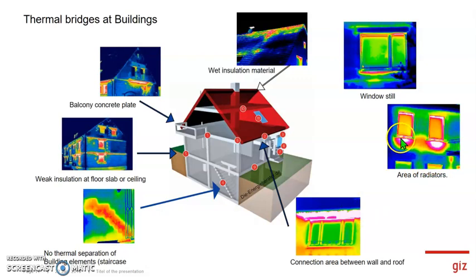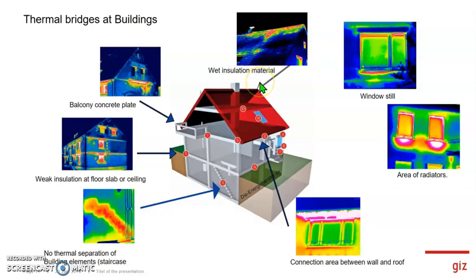Then here are areas of the radiators under the window. It's also a typical heat loss area, not well insulated here. And as it is also in my apartment, the window steel, they are quite cold in the winter time because they are not well installed, and I think it's one plate going underneath the window, so it's pretty cold there.